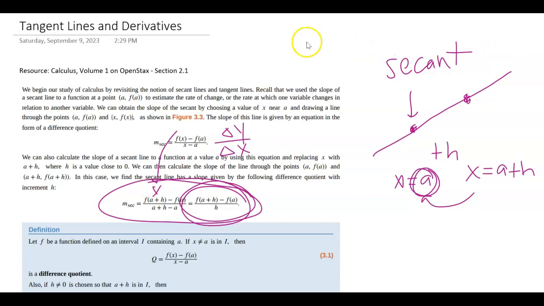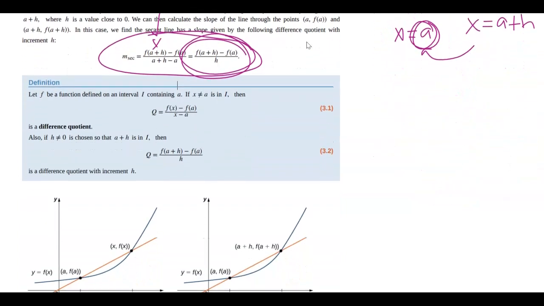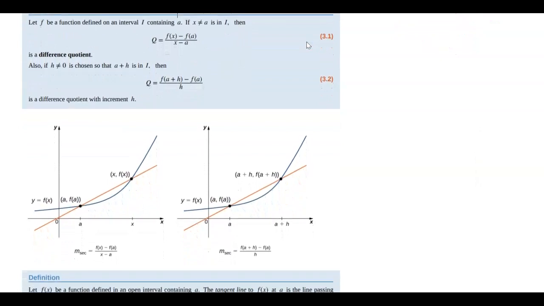So we call this the difference quotient. It still is the slope, like that's still a true thing. And you can find the difference quotient on an interval containing a as long as x is not a. Remember, we need 2 points in order to find the slope.